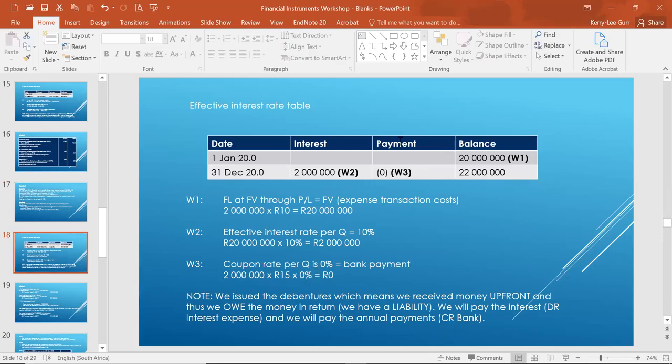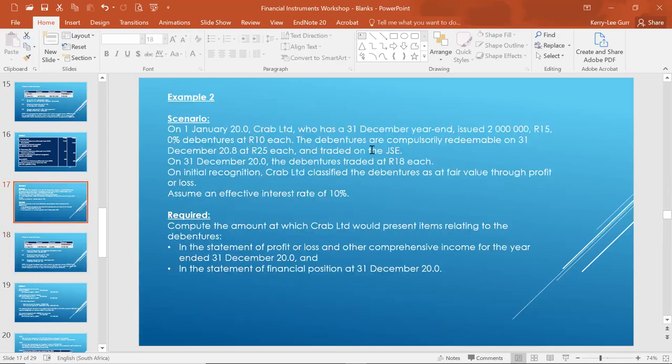Our payments would be done on an annual basis, which in this case was at 0%, so there are 0 payments. Then the debentures are compulsorily redeemable at 25 Rand each in 8 years' time, at the end of December 20.8. That's not something we need to worry about now because it's not going to affect this financial year.